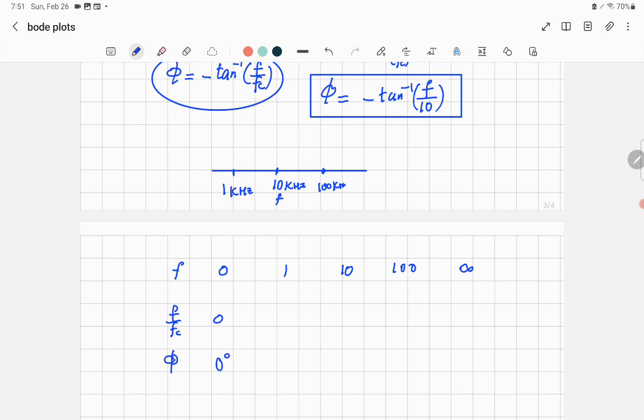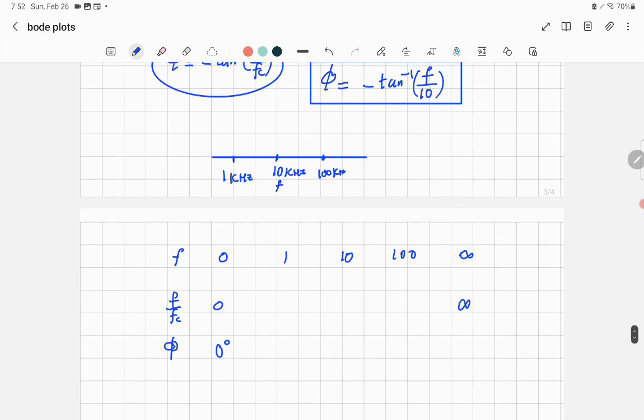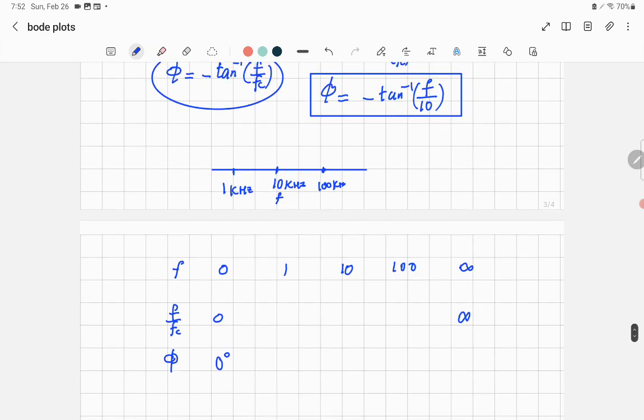So that's the one. If you go to infinity, what is infinity over fc? It will be infinity. What is the angle whose tangent is equal to infinity? That's 90. So you add the negative sign, you have negative 90. So you already know the range of the angles is between 0 and negative 90. It looks like it's decreasing.